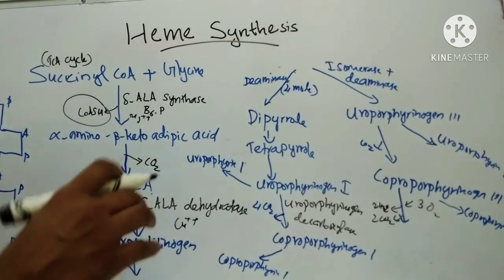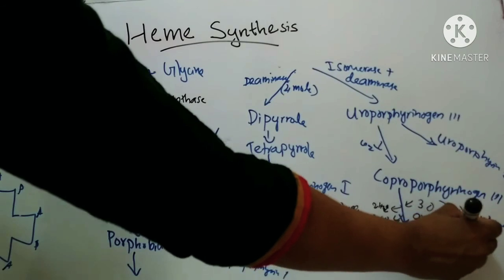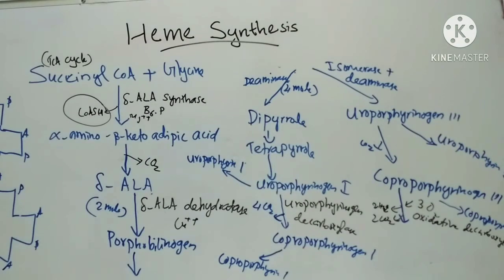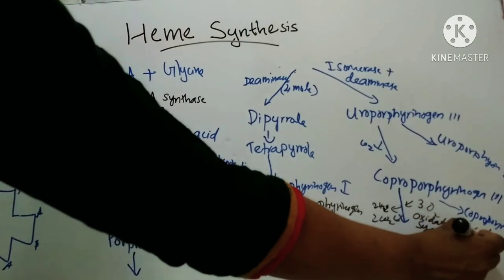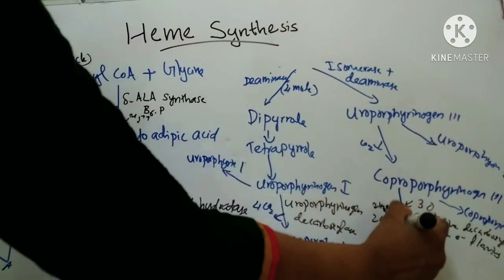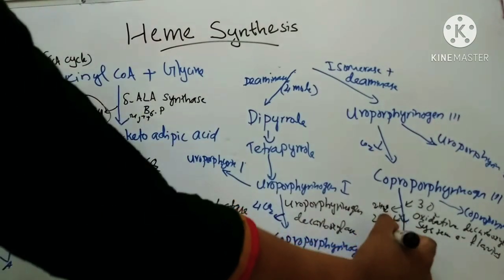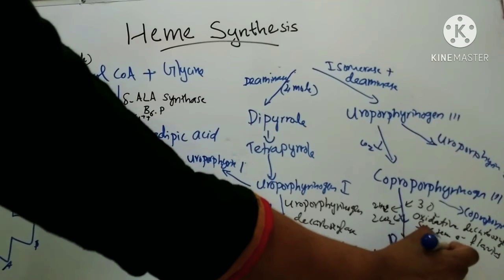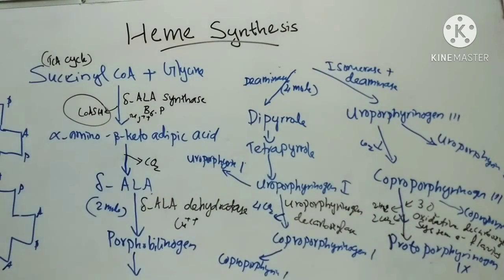Here, by the enzyme oxidative decarboxylase system with flavins, this coproporphyrinogen is converted to protoporphyrinogen 9. That is the formation of protoporphyrinogen.